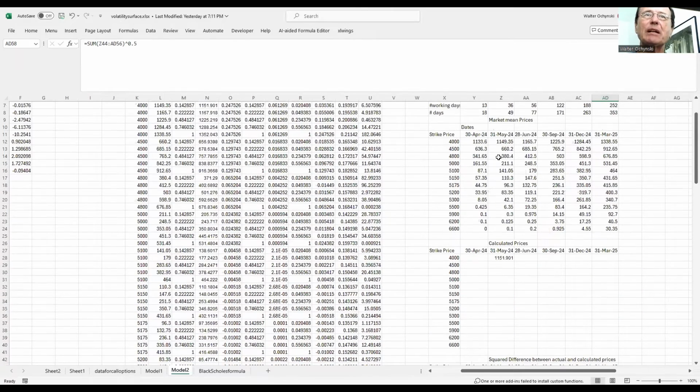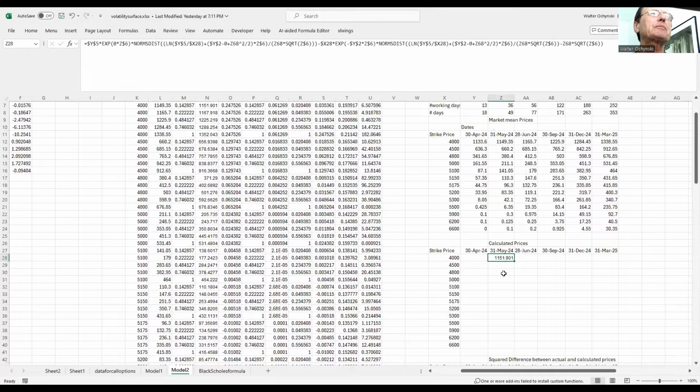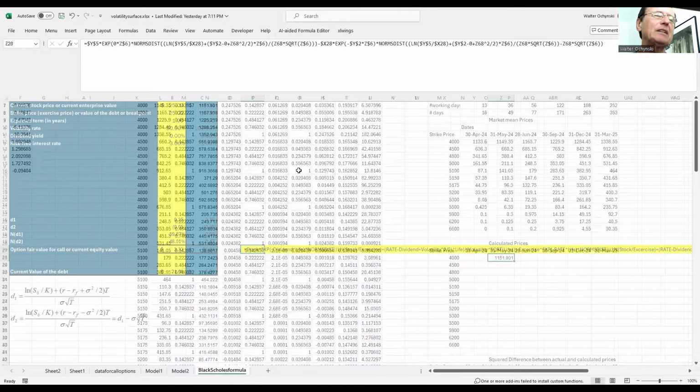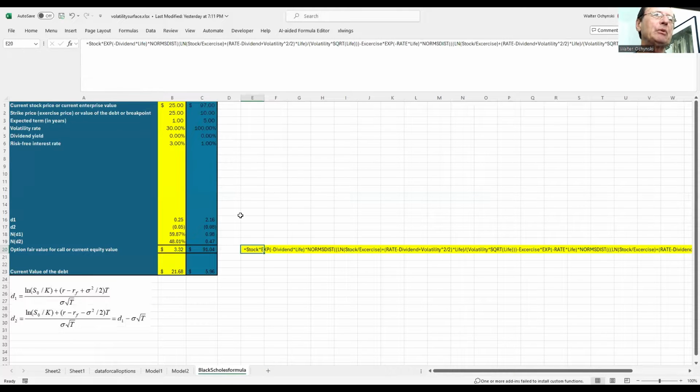First, we have to calculate the theoretical price of the option premium. I use for that the Black-Scholes model. It is entered in just one formula in one cell. Normally you calculate first D1, D2, N(D1), N(D2), and then you have the cell where you calculate the option.